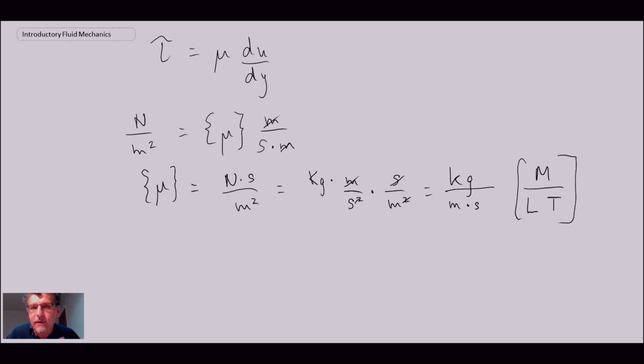And you'll see different units in different books, but really it could either be that or it could be that for the absolute viscosity. Now, one last thing that I should say, and I did mention this at the beginning, this is assuming that we're dealing with a Newtonian fluid.